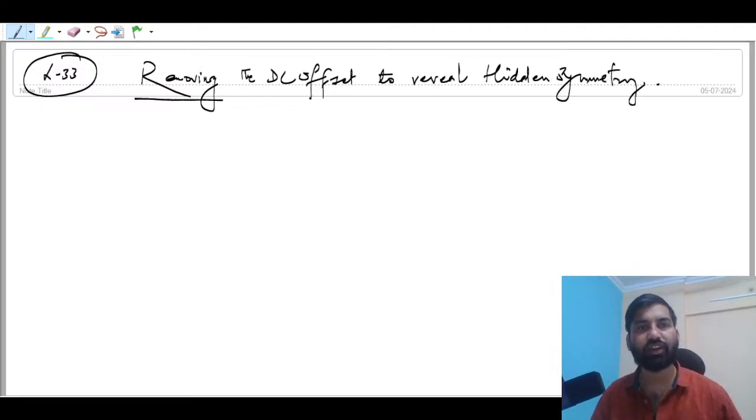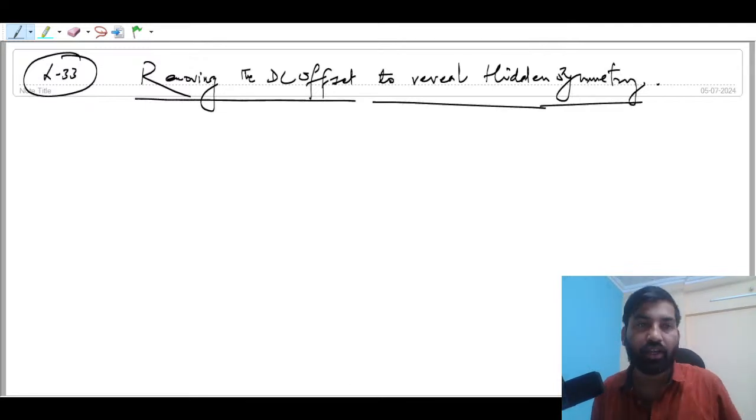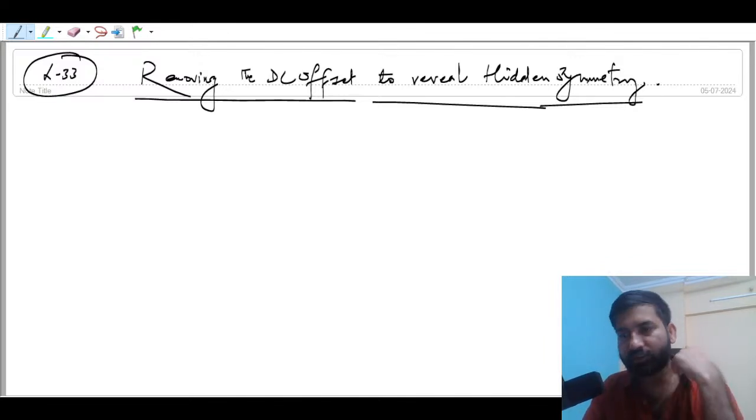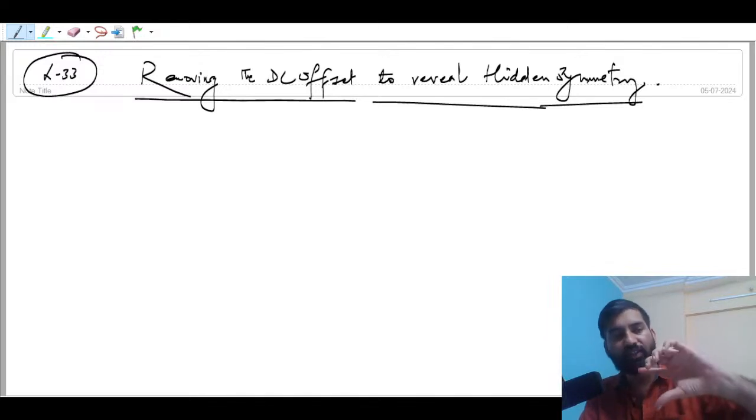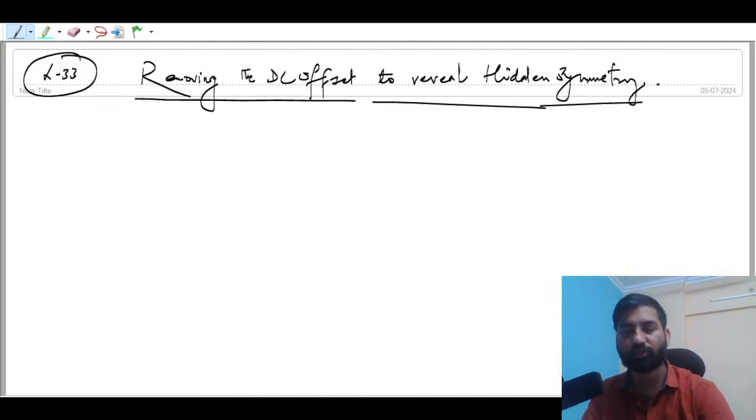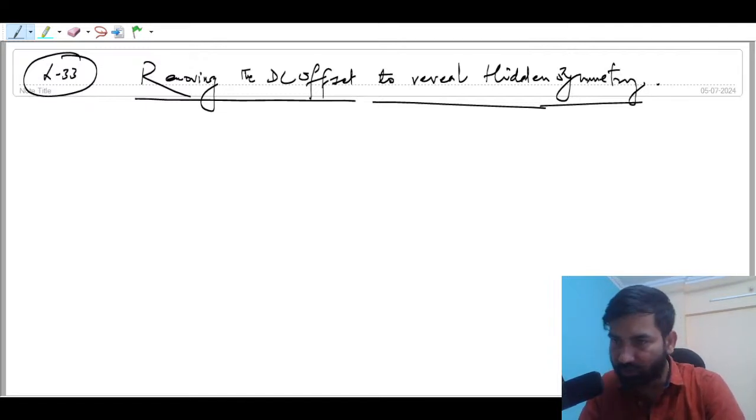Whenever any periodic signal x(t) is given, you have to identify what kind of symmetry it has. You will not be able to identify it the moment you see it, because there will not be apparent symmetry.